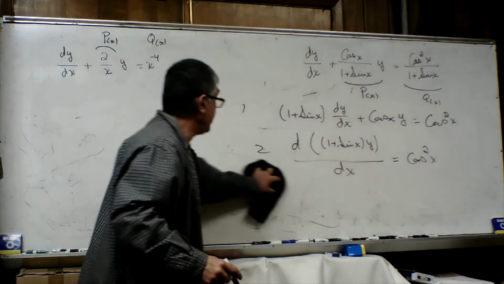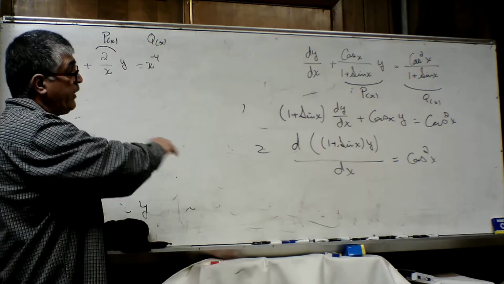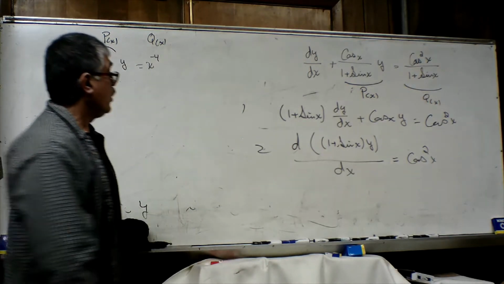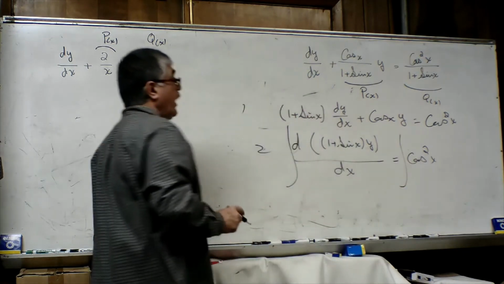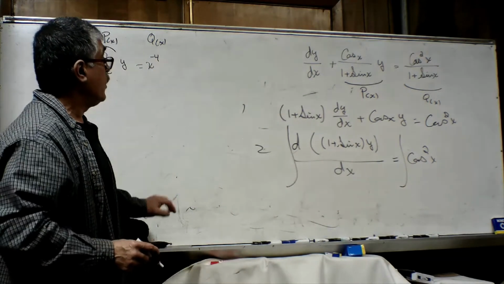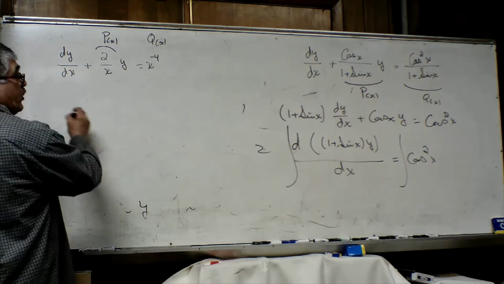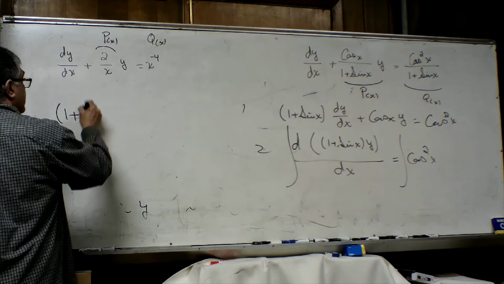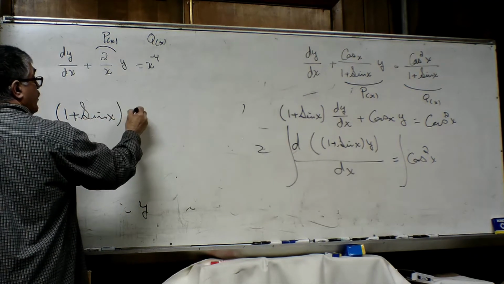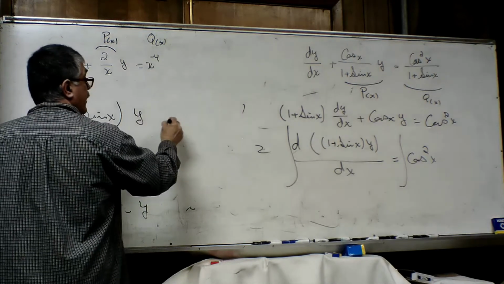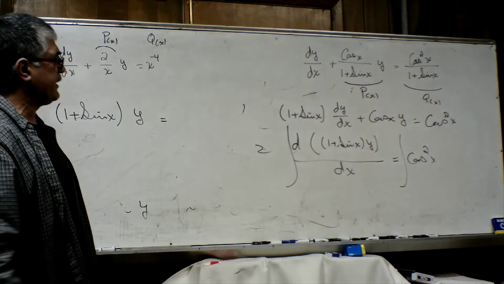Our third step is to integrate both sides. So we take the integration of both sides. This is our third step. If we do that, on the left side we are going to have 1 plus sine x multiplied by y is equal to the integration of cosine squared x.